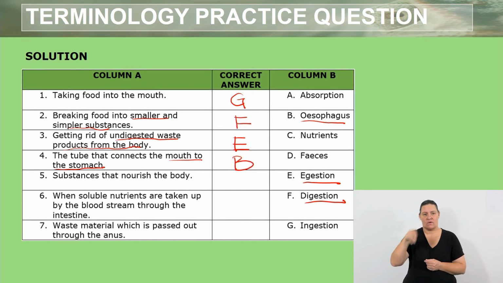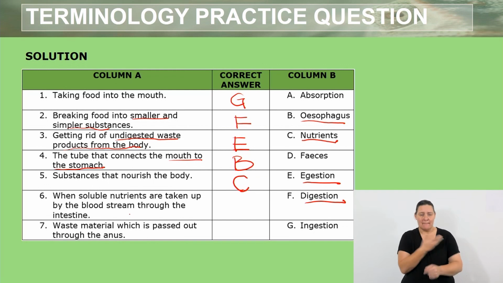Then number 5, the substances that nourish the body. So the substances that nourish our body are the nutrients. Very good. So our nutrients are alphabet C. Number 6 is when soluble nutrients are taken up by the bloodstream through the intestine. So that process is called absorption.